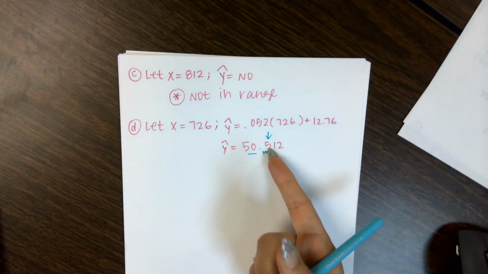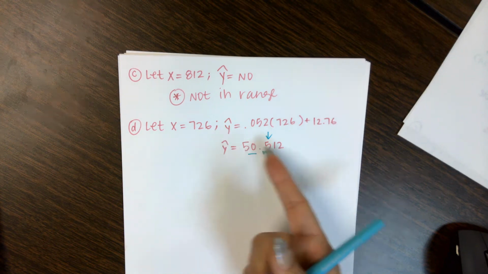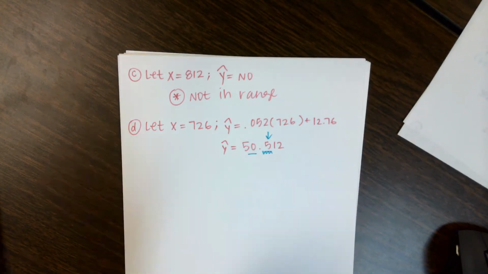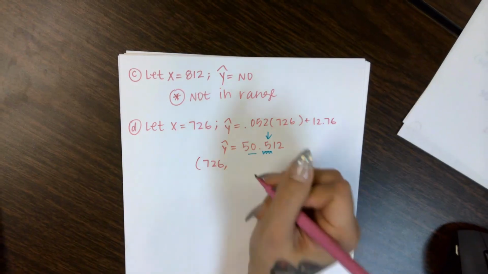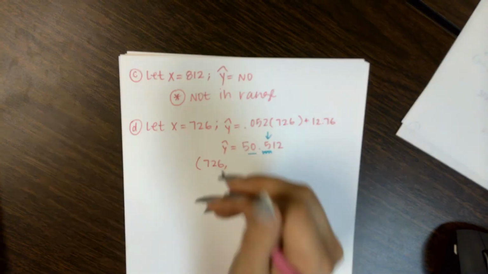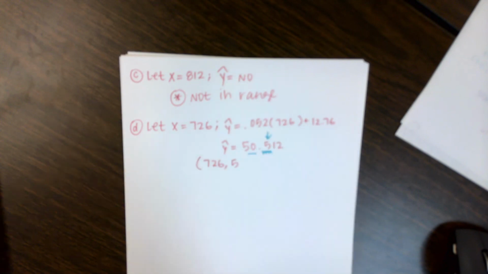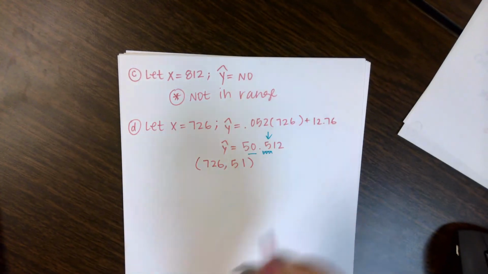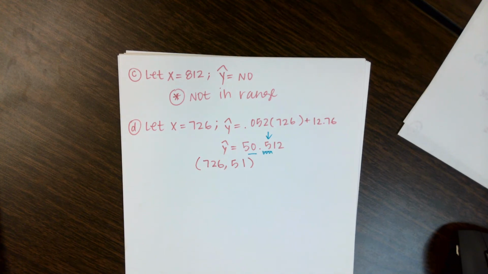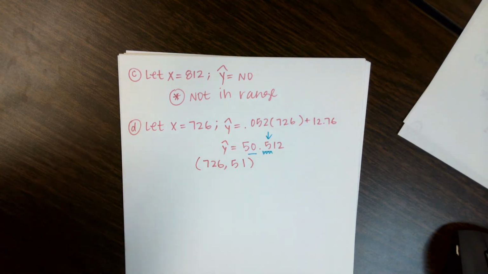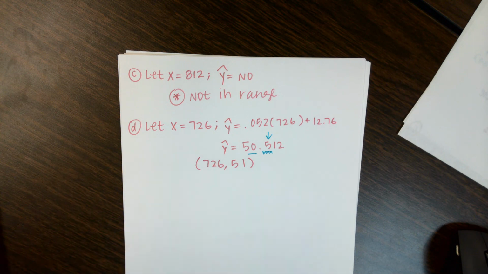That 5 means to add 1, so my predicted value becomes 51. This is saying when my building is 726 feet tall, I'm predicting that there are 51 stories in that building. That makes sense, y'all? Boom. We are done with 9.2. Okay.